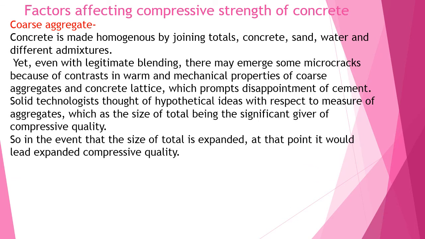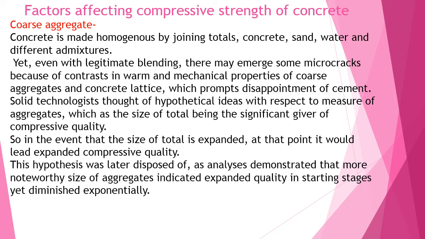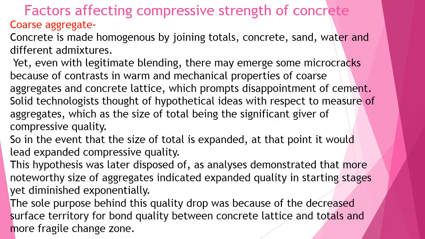So if the size of the aggregate is increased, then it would lead to increased compressive quality. The hypothesis was later disproved, as experiments demonstrated that greater size of aggregates showed increased strength in initial stages, but decreased exponentially.